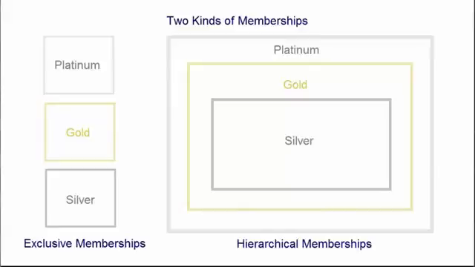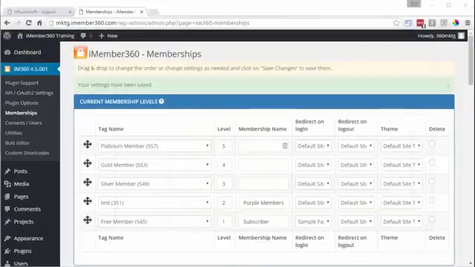In fact, let's take a look at what it looks like with hierarchical set up for our current memberships. I simply set platinum to 5, gold to 4, silver to 3, purple members to 2, and free member to 1.